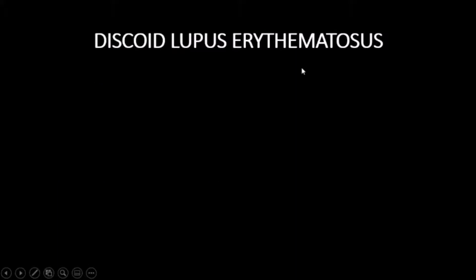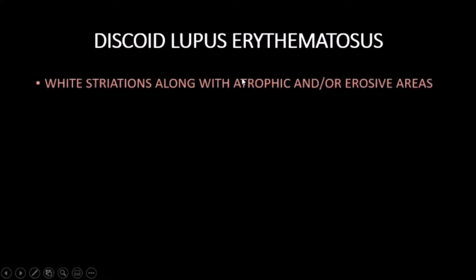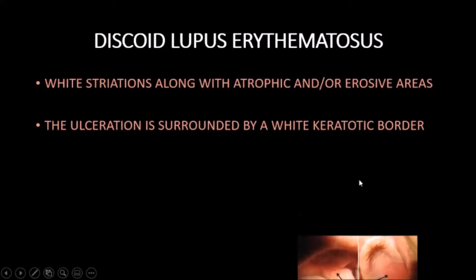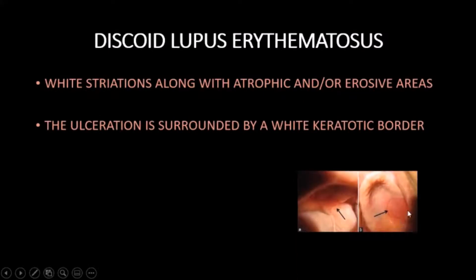If the person is suffering from discoid type lupus, then their oral lesions will involve white striations along with atrophic and erosive areas, hence the white and red areas. This will include thinning of the epithelium. In some areas, there will be destruction of the epithelium. This ulceration, especially for discoid type, is surrounded by a white keratotic border.